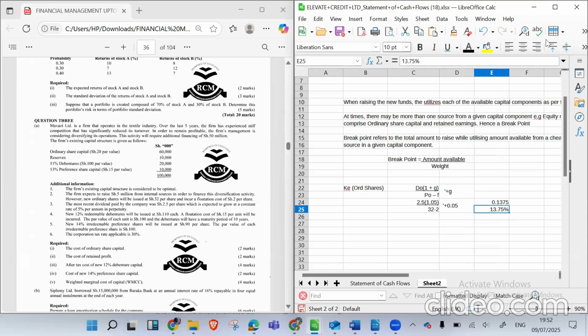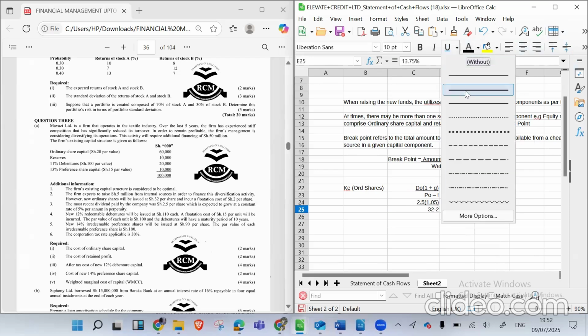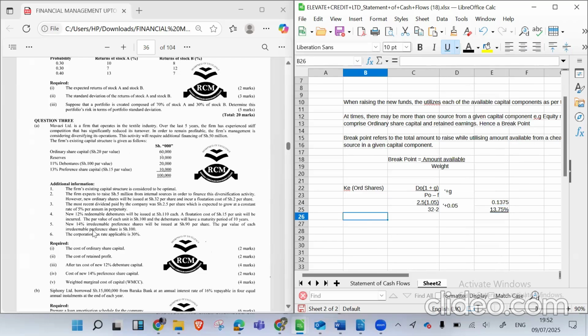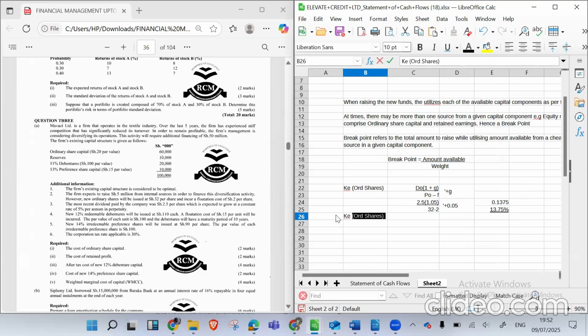So they want us to get the Ke of retained earnings, the cost of retained earnings. For the Ke of retained earnings, the formula is the same as ordinary shares. The difference is that retained earnings don't have a flotation cost.